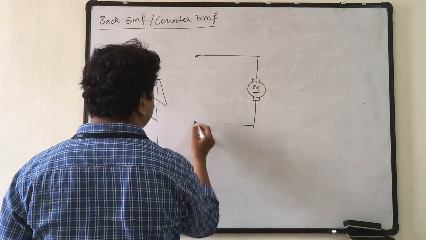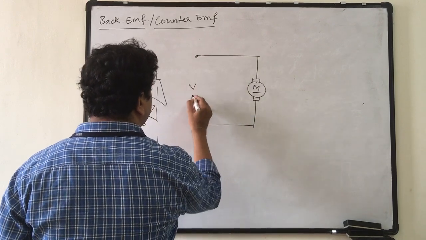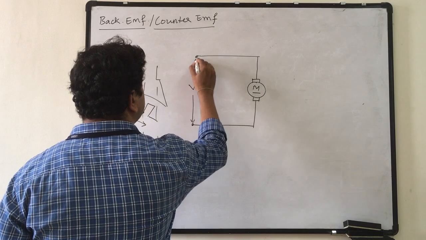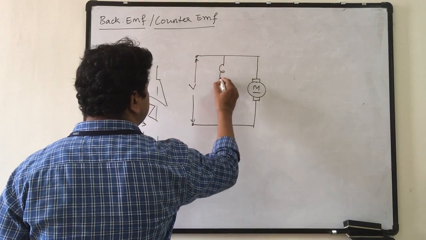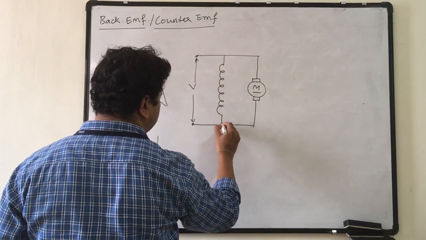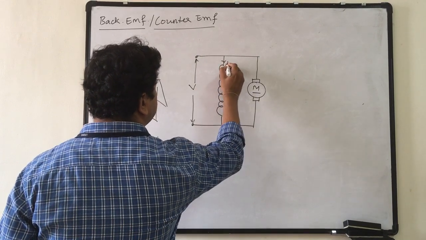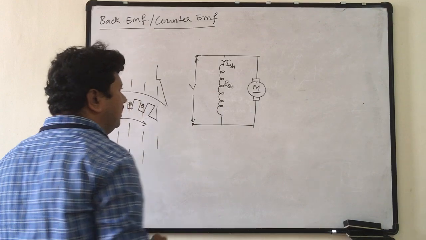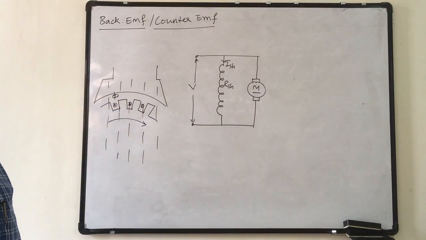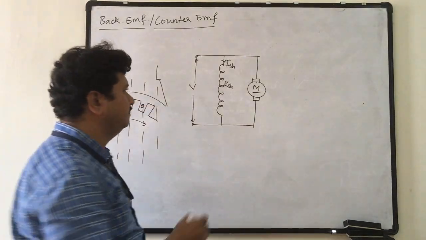Okay, now let us take shunt field machine. Let this be the supply voltage V volts. Let this be having a resistance of RSH. This is ISH. In generator, armature used to give the current out.